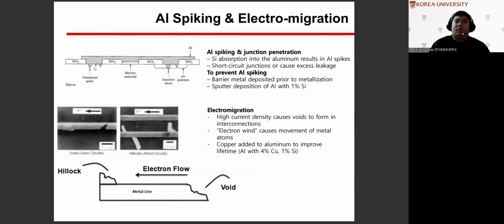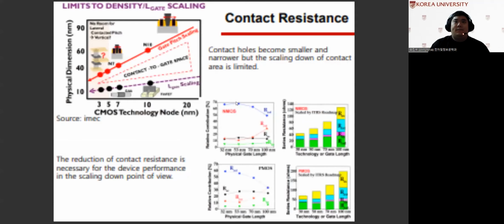With electric forces, aluminum can move to unwanted areas. Moreover, aluminum tends to move inside the silicon, so it can make the devices work poorly.